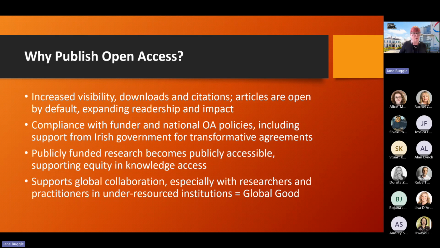So this is really important, and this is why the government is funding the transformative agreements. Publicly funded research becomes publicly accessible and supports equity in knowledge access, which is really important. And it supports global collaboration, especially with researchers and practitioners in under-resourced institutions. And to me, that is a global good.